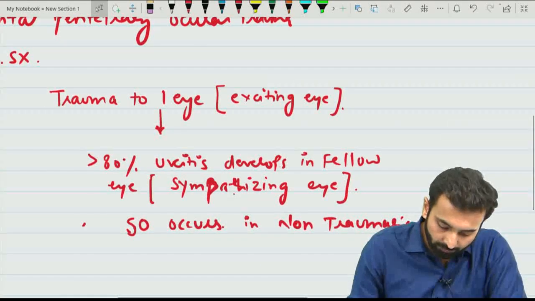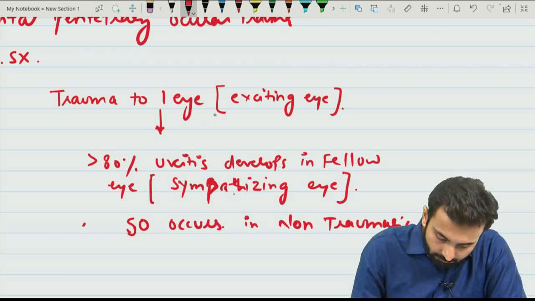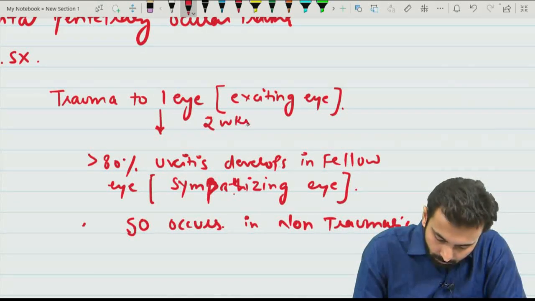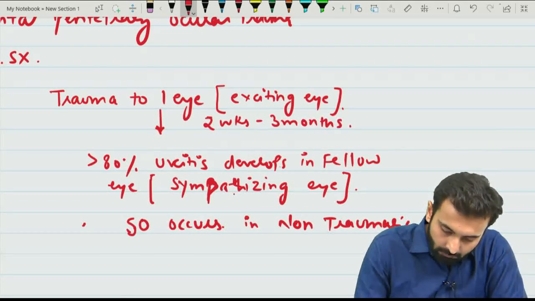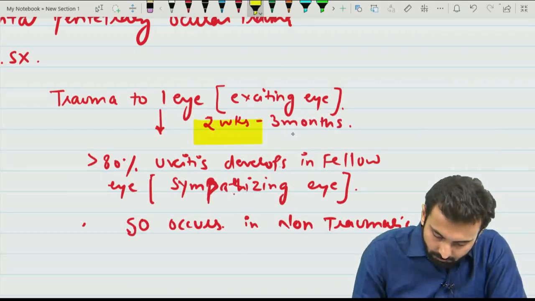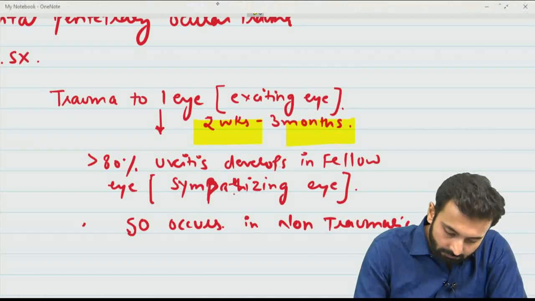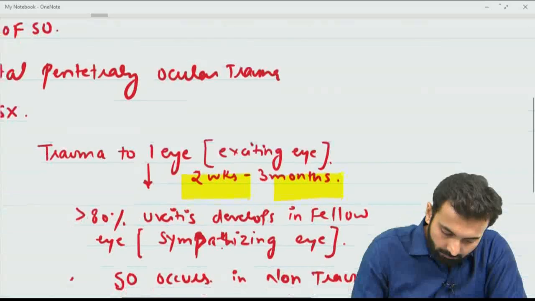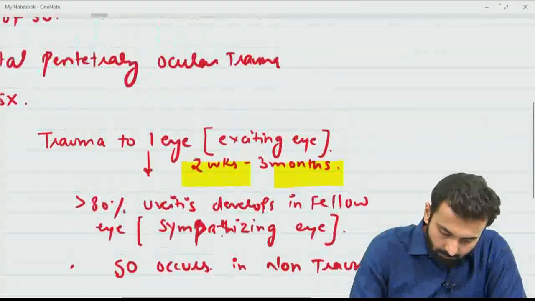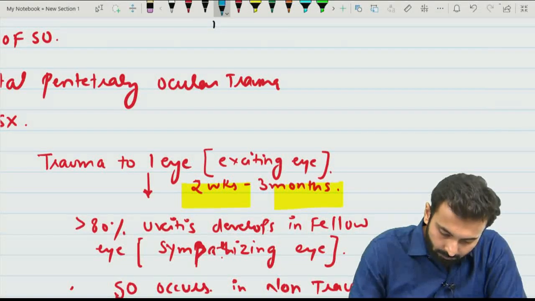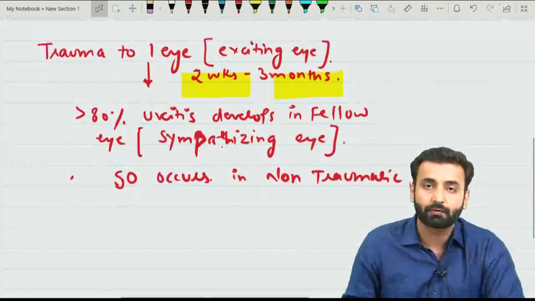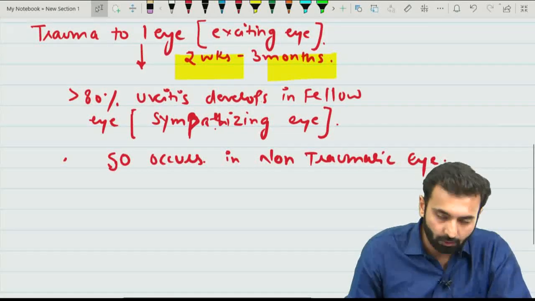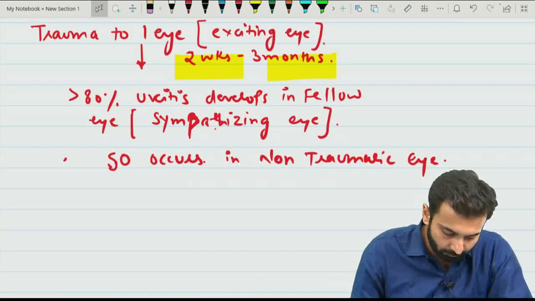After trauma to one eye, this uveitis usually develops after 2 weeks to 3 months. So these are the features of sympathetic ophthalmitis, right?